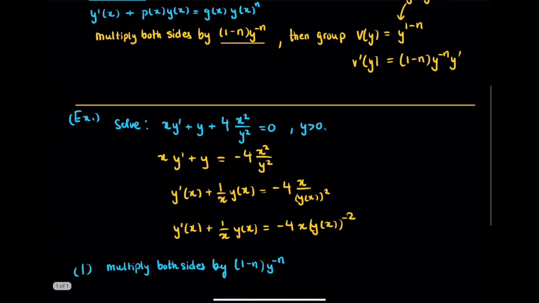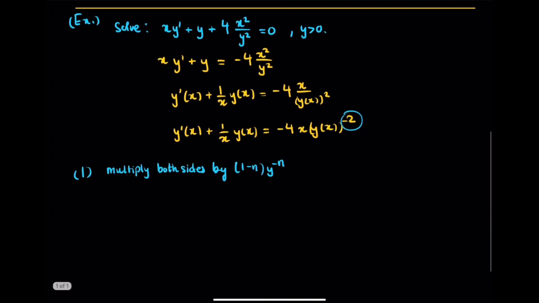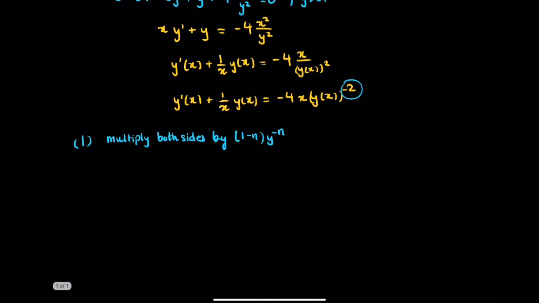So in this case, that's minus 2, and so that means that n equals minus 2, and so the multiplier is 1 minus n, so then that's 3, right?